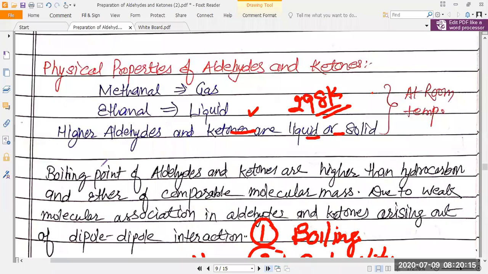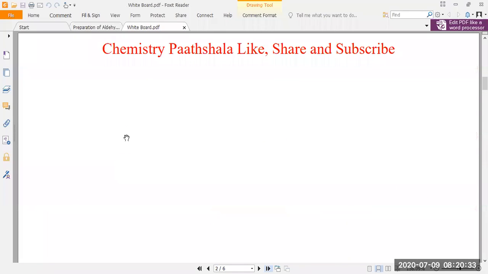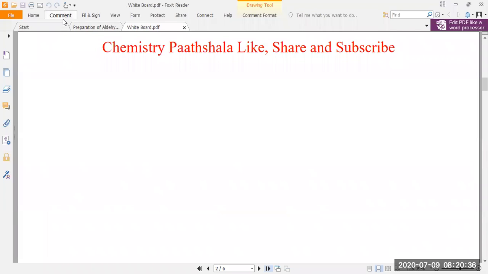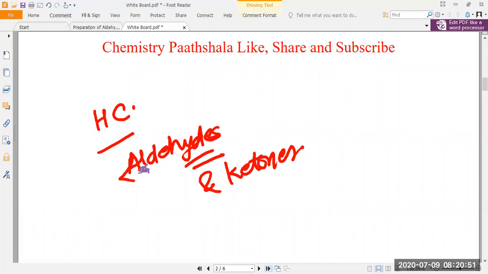Means if we compare hydrocarbons and aldehydes and ketones of the same molecular mass, the boiling point of ketone and aldehyde will be higher than that of hydrocarbon.